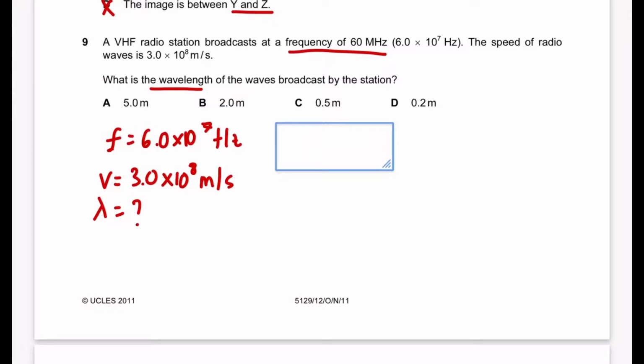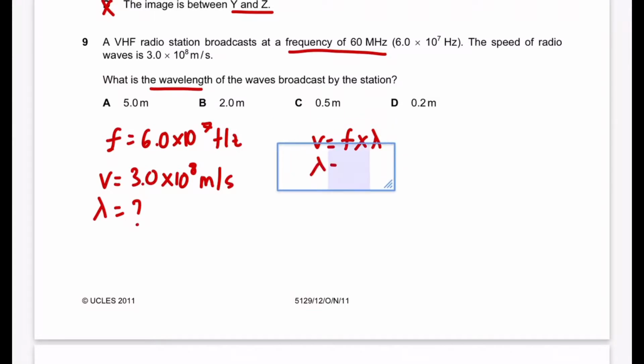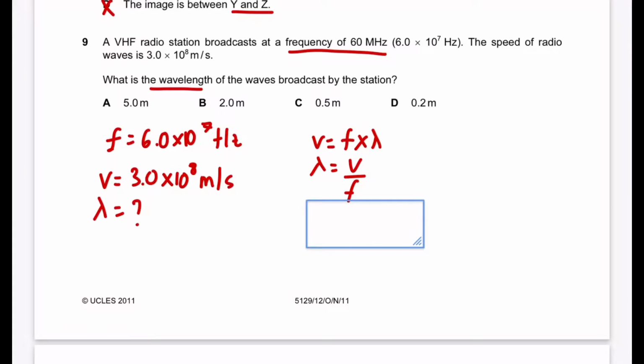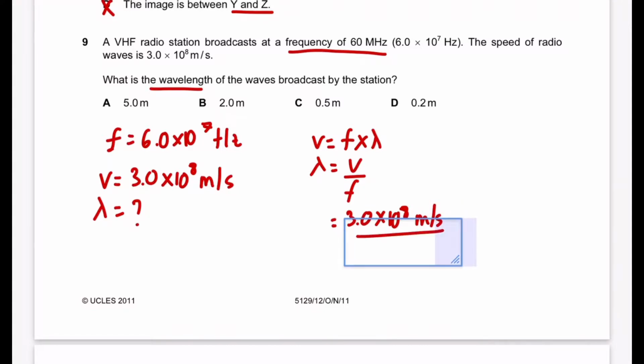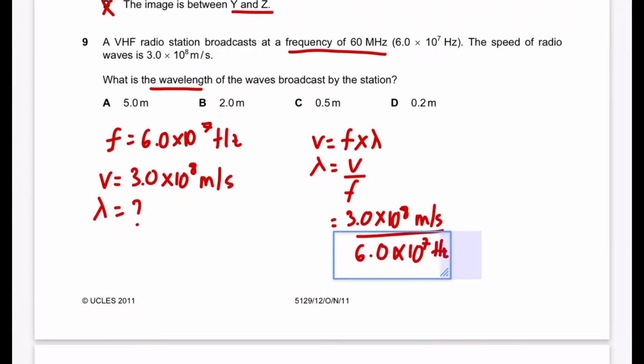Between these three variables, there's one formula that relates them, which is V equals frequency times lambda. Make lambda the subject because we want to find lambda. Lambda is equal to V divided by F. V is 3.0 times 10 to the power of 8 meter per second divided by frequency, which is 6.0 times 10 to the power of 7 hertz.